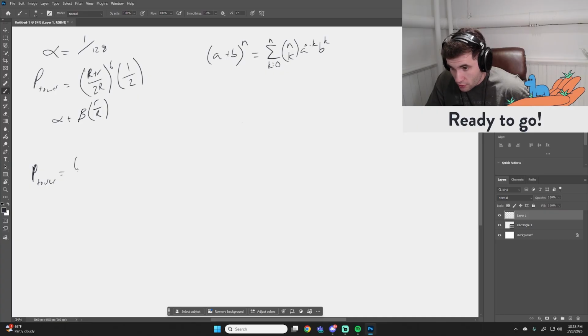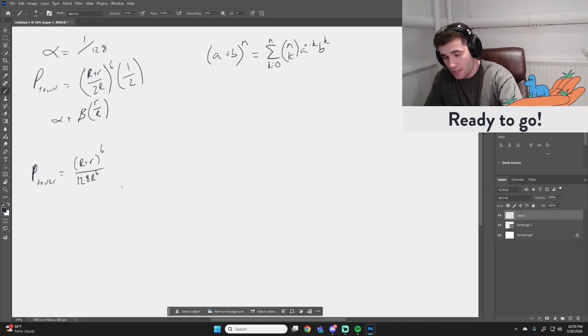You have a numerator of big R plus little r to the 6th over, and then you get 2 to the 6th R to the 6th times 2. So it's 2 to the 7th R to the 6th. So that's 128 R to the 6th. Okay. How are we feeling?